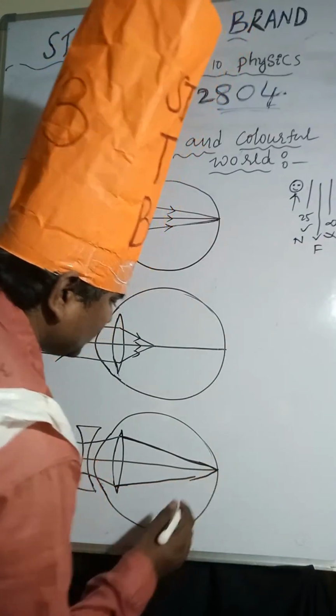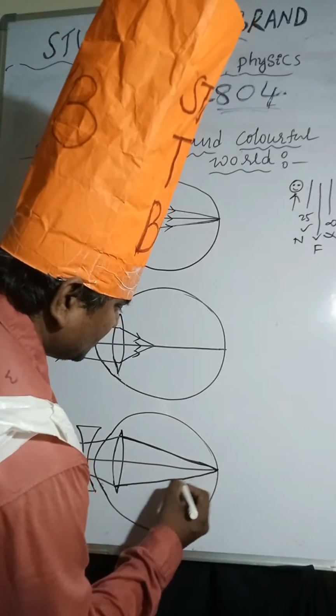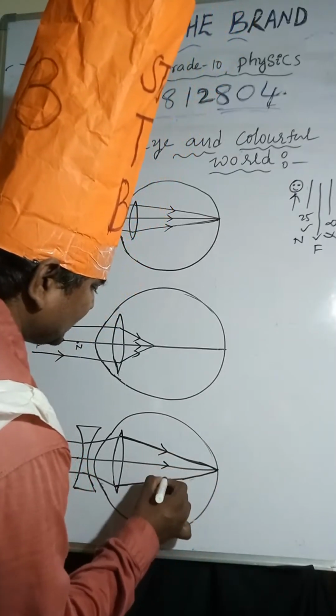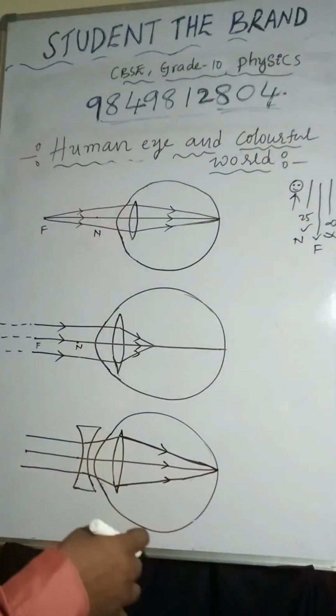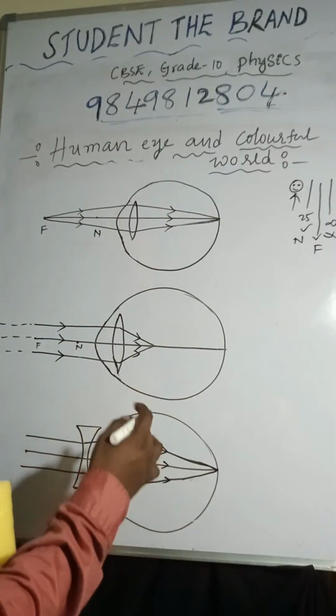Here those light rays are meeting at this position, because if the light rays are meeting at the retina, we can see. Just check once.